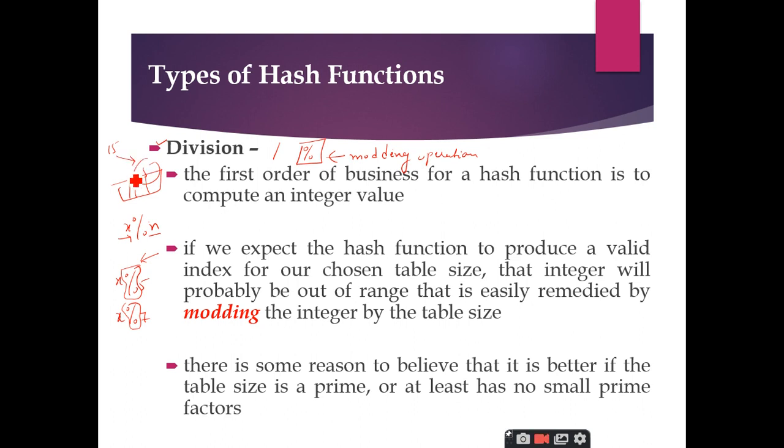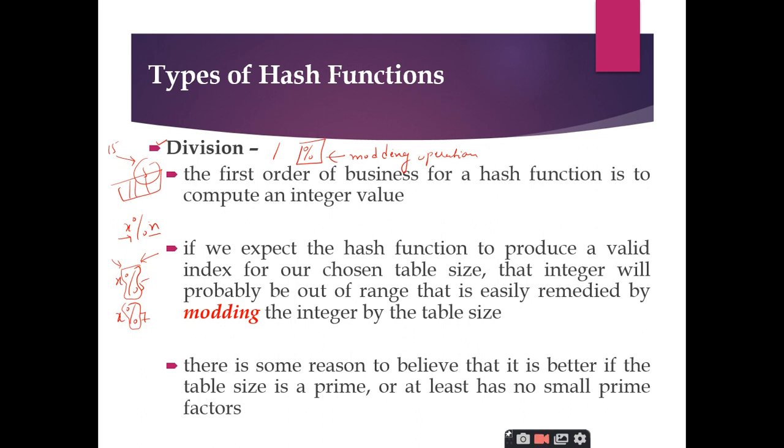This 15 is out of range of 0 to 4. So I should use this modding operation. Majorly the modding operation is used to map a dataset of arbitrary size into a dataset of fixed size.